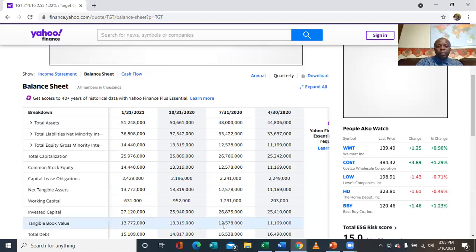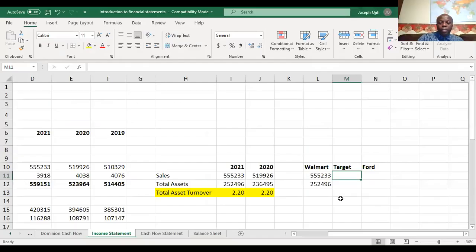So I'm going to put them in the spreadsheet we have here. Sales is 93,561, and total assets we have 51,248.